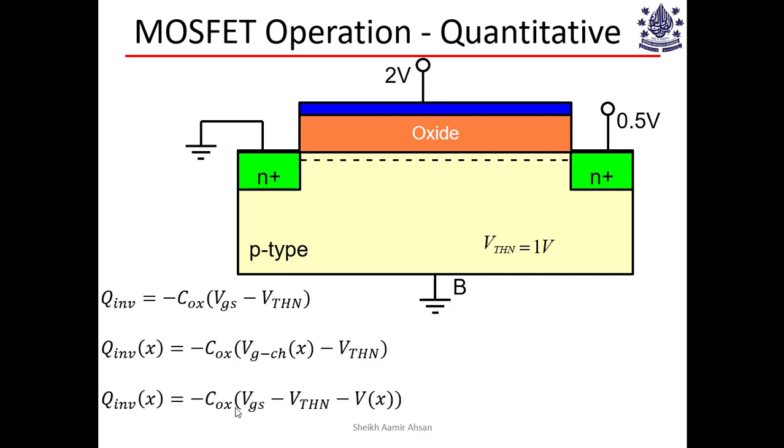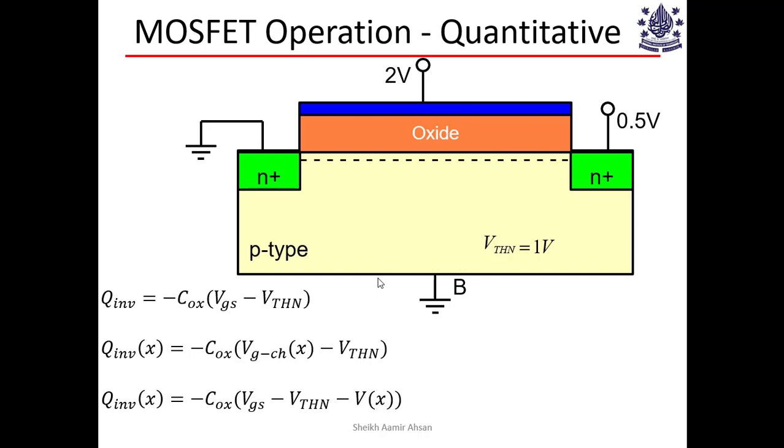Now note VGS in this thing is constant. Okay, this is fixed at 2 volts, but channel voltage is changing. Channel voltage is 0 here and channel voltage is 0.5 volts here. And somewhere in the channel it will vary from 0.1, 0.2, 0.3, 0.4 and 0.5 volts, like that. So as this quantity is changing, everything else is changing.